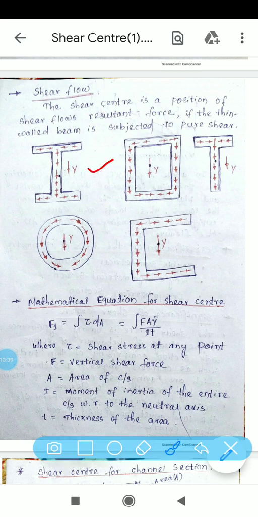Y is the shear force acting at the section. Inside, the arrow marks are the shear stresses distributed inside the beam. So these are the shear flow diagrams.